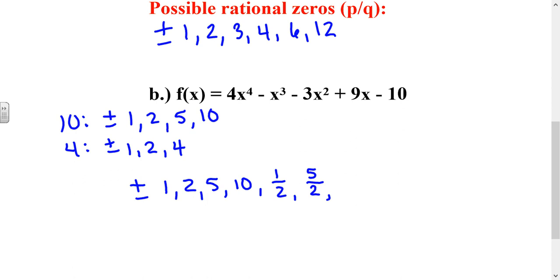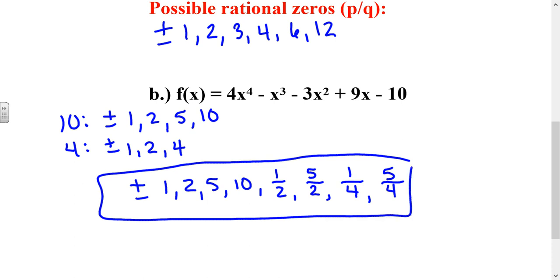Then we go to 4, so we have 1 over 4, 2 over 4, which equals 1/2, so we don't need to write that one down, 5 over 4, and then 10 over 4 equals 5/2, which is already written down. So these would be our possible rational zeros here.